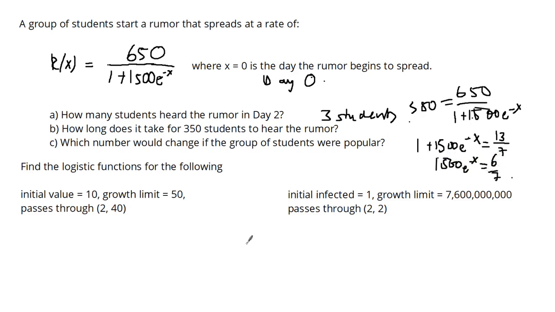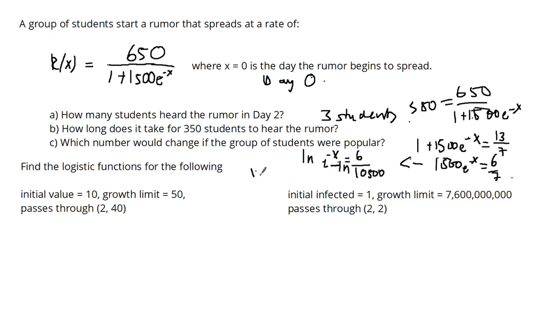And then we can just solve for this minus x. Divide by 1,500, so you have e to the minus x is equal to 6 over 10,500. Take the natural log, ln, you'll reverse the e. You'll get rid of the e. So natural log of 6 over 10,500, and it's negative, so put the negative in front, and then you'll have x.